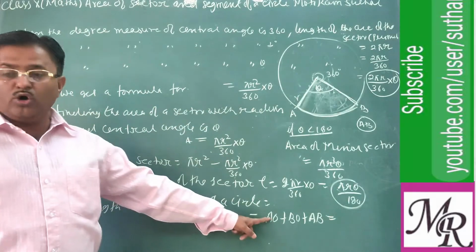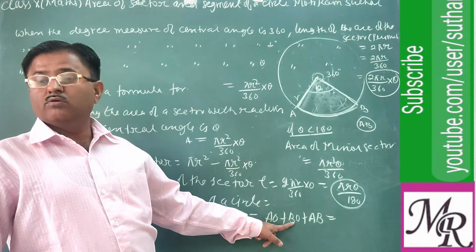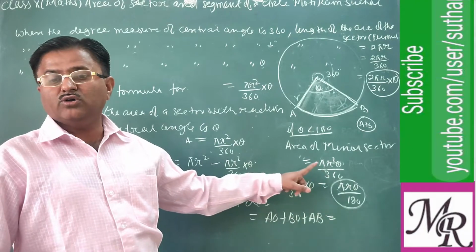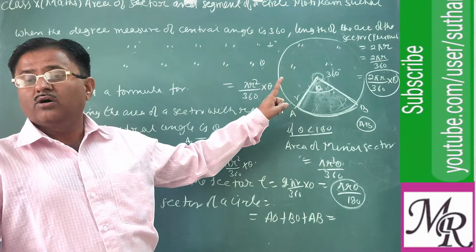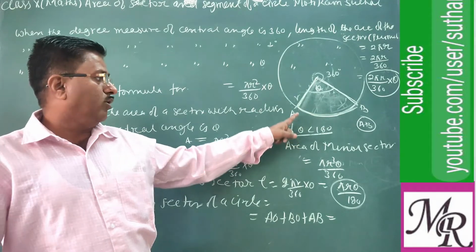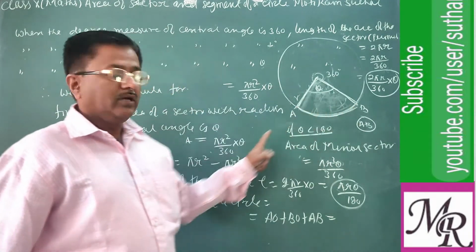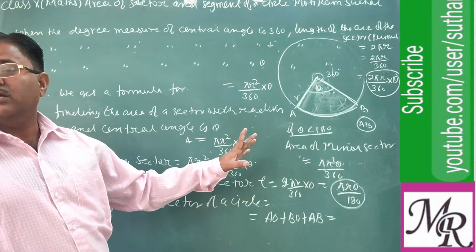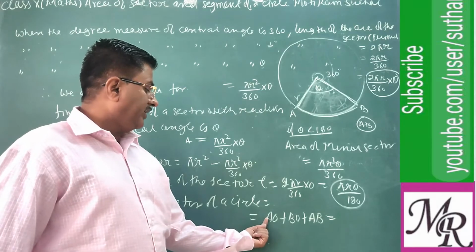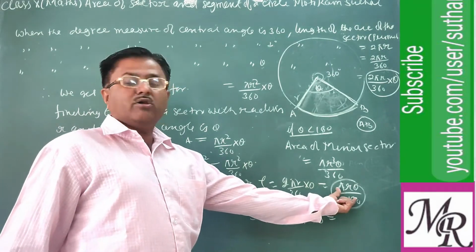AO plus BO plus AB is known as the length of sector of a circle, and only arc AB is called the length of the arc of the sector. AO is radius, BO is radius, and AB we have already defined.